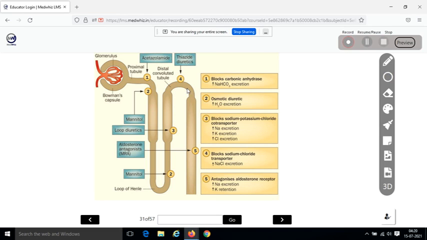In the distal convoluted tubule, thiazide diuretics act by blocking the sodium chloride transporter, and in the collecting duct, aldosterone antagonists. To repeat, we have carbonic anhydrase inhibitors, osmotic diuretics, loop diuretics, thiazide diuretics, and aldosterone antagonists.